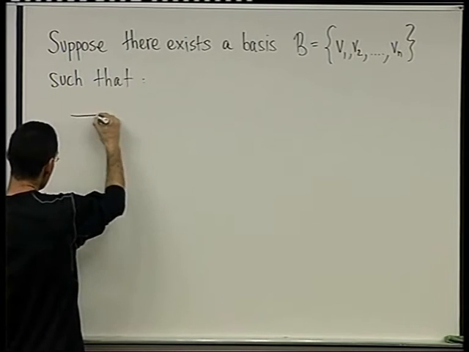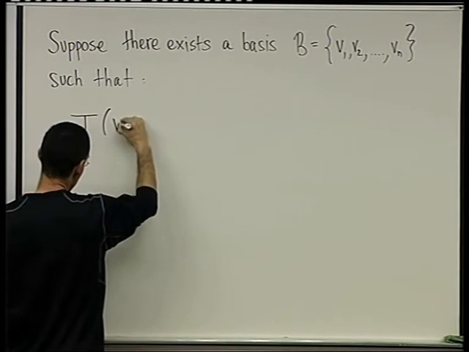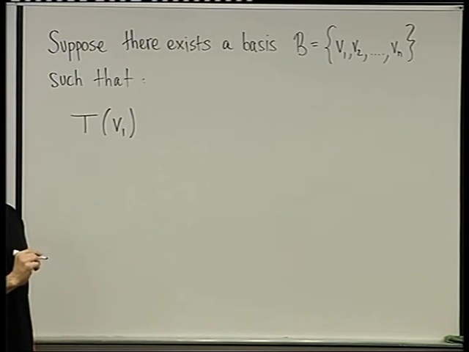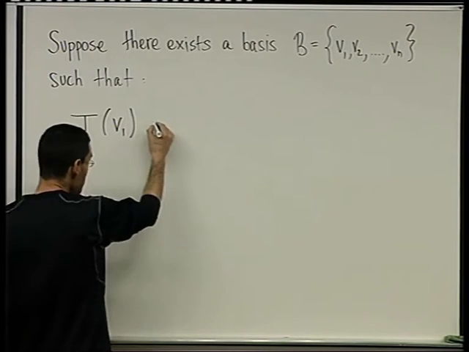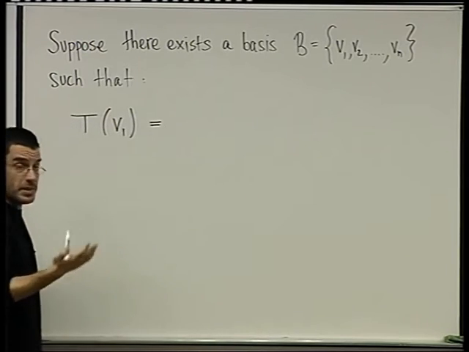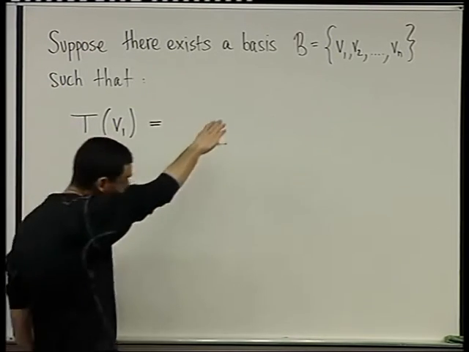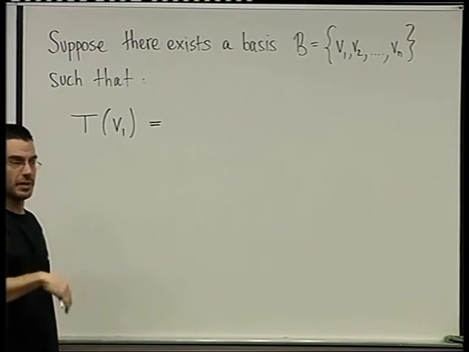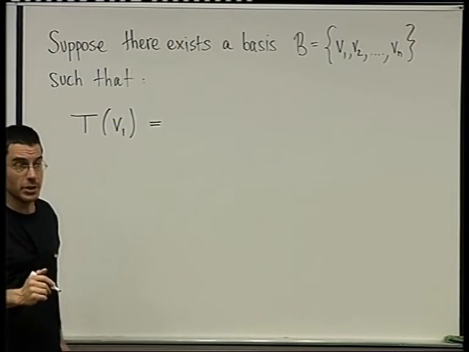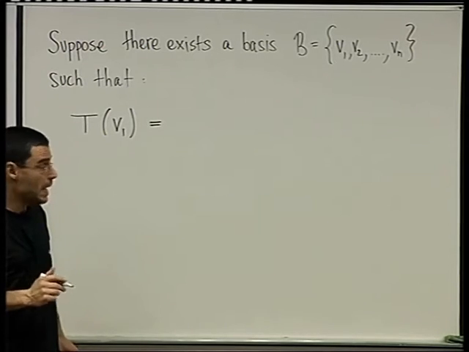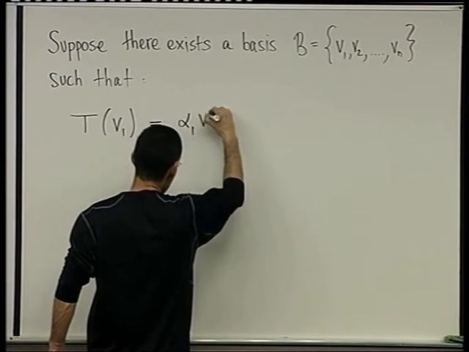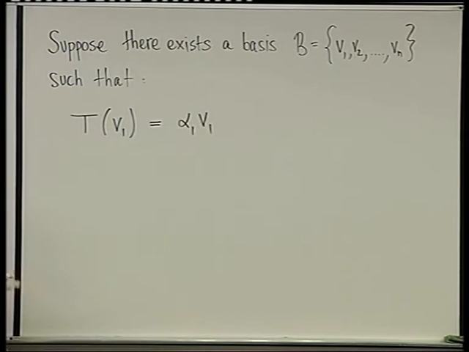When you take T of V1, V1 is the first basis element, what you get is going to be some vector, so it's going to be a linear combination of the Vi's, right? It's going to be alpha 1 V1 plus alpha 2 V2 plus some linear combination of the Vi's, right? But suppose it's just some scalar multiple of V1 itself. That's it.